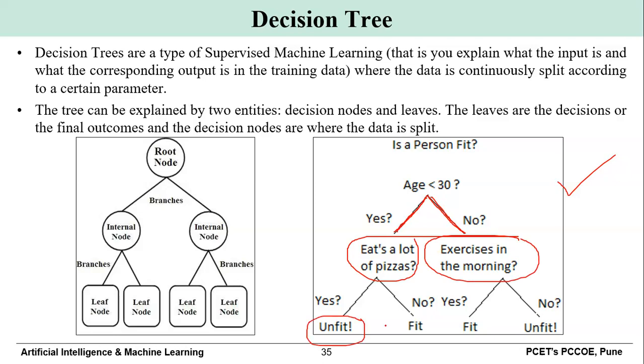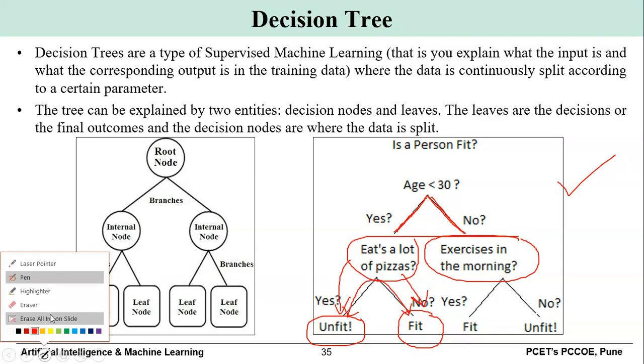Similarly, fit and unfit are the two criteria. There should be a logical way to make a final decision. For example, you may say that I eat a lot of pizza but still I am very fit, or somebody may say that I don't ever eat pizza but still I am unfit. That probability is also there.